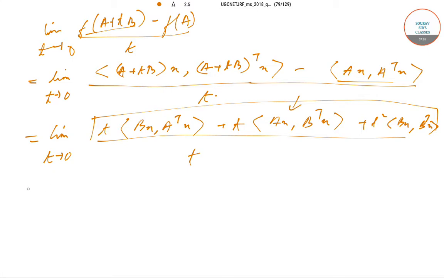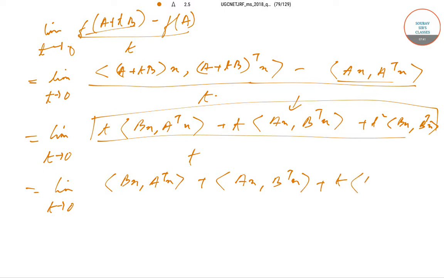Now if we cancel out t from the numerator and the denominator, this will give us inner product bx comma a transpose x plus inner product ax comma b transpose x plus t into inner product bx comma b transpose x, and there is 1 in the denominator.